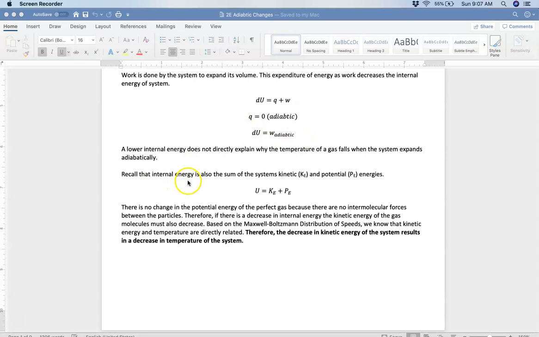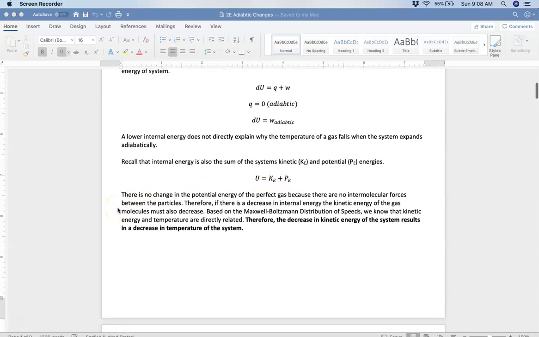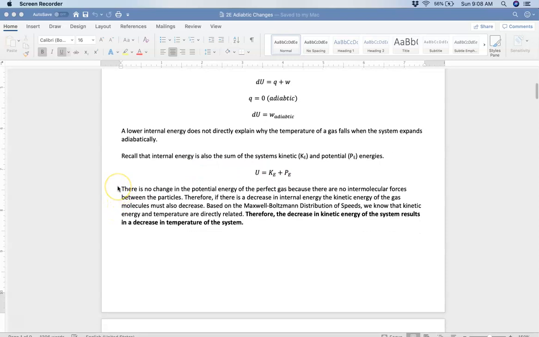So we need to recall the true definition of internal energy, which is the sum of all the kinetic energy of the system plus all of the potential energy of the system. When we're looking at an isolated system like this, there's going to be no change in potential energy of the perfect gas because there's no intermolecular forces.